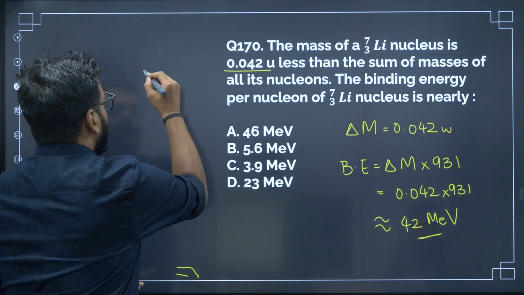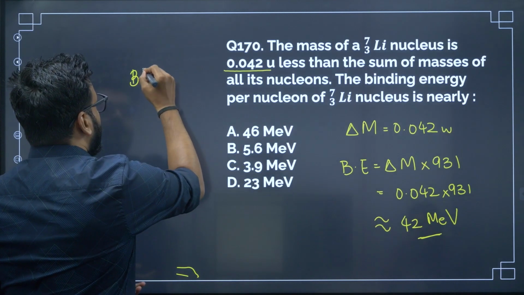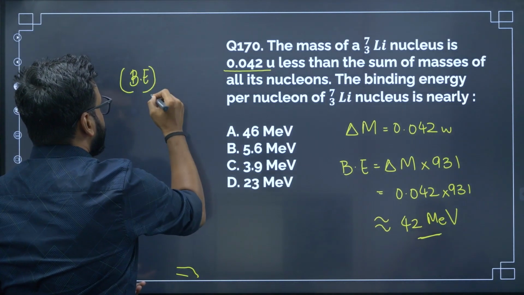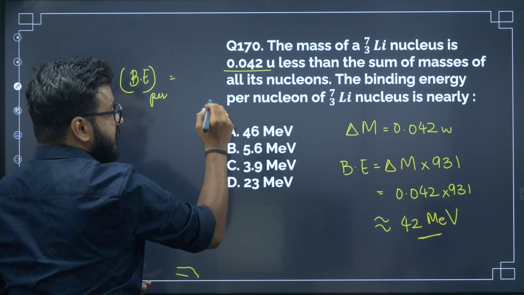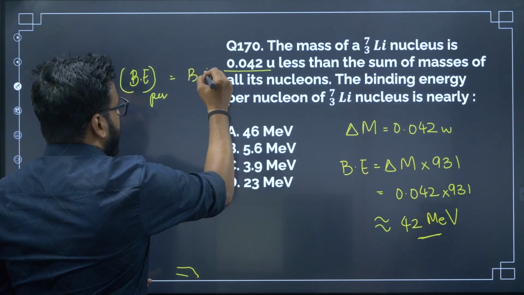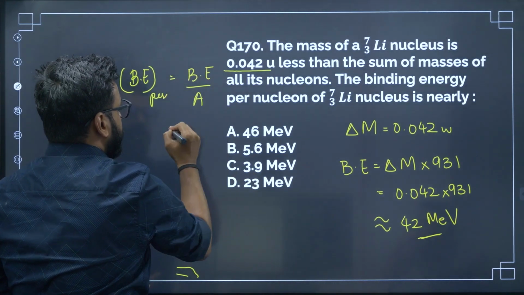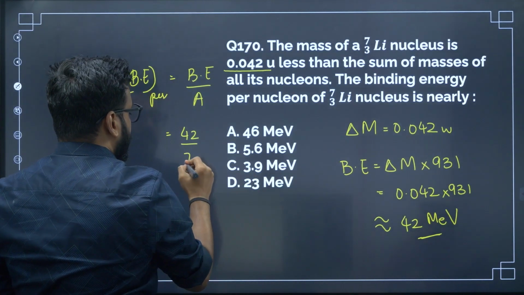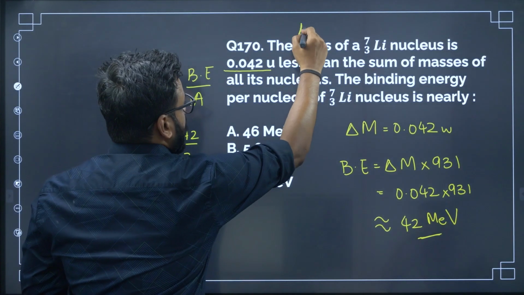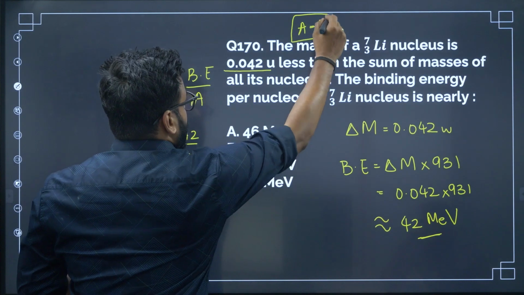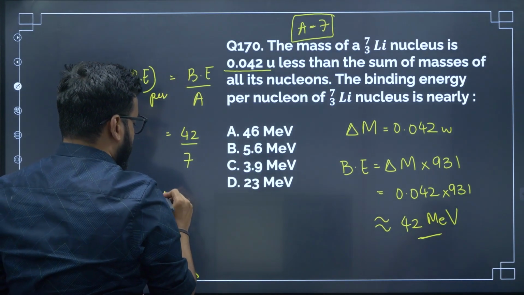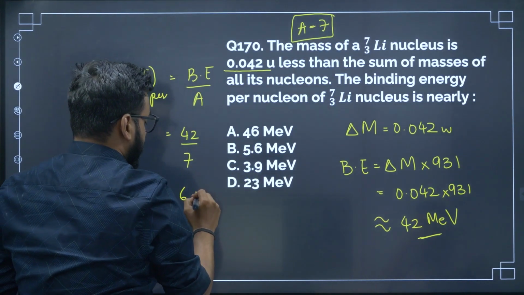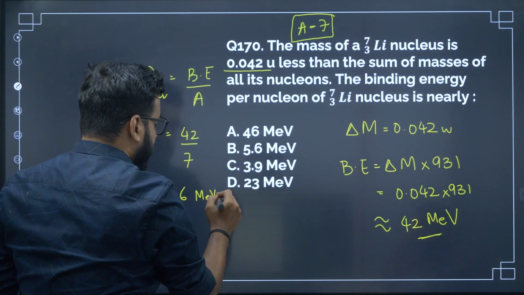So binding energy per nucleon is given as binding energy whole divided by the mass number, which is 42 divided by the mass number. In the case of lithium, A is equal to 7. So 42 divided by 7 is equal to 6 mega electron volt per nucleon.